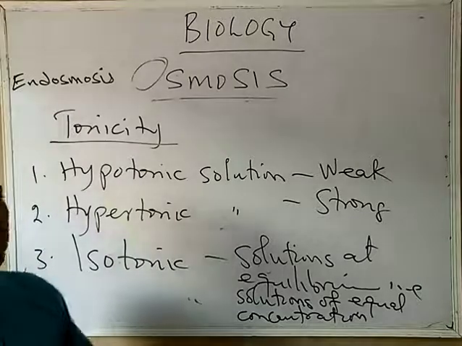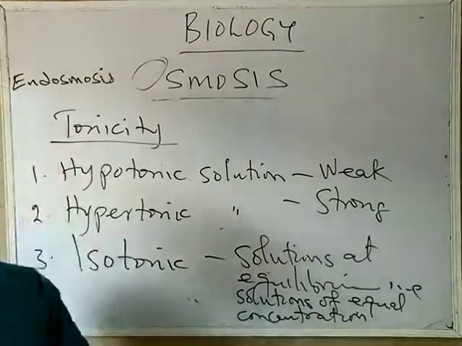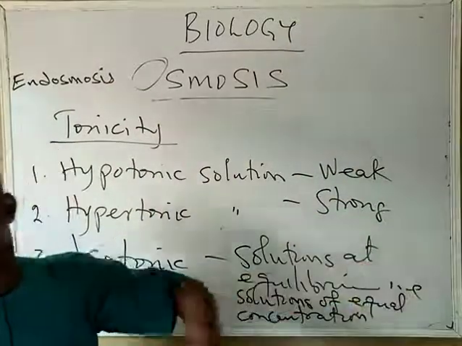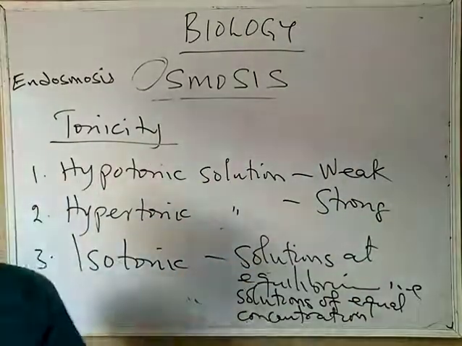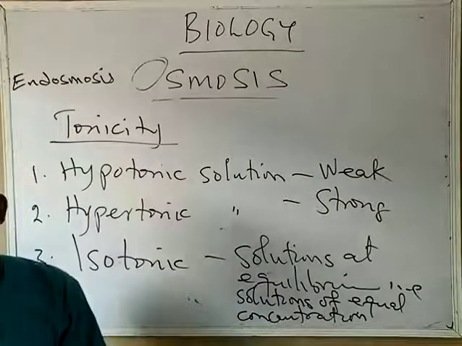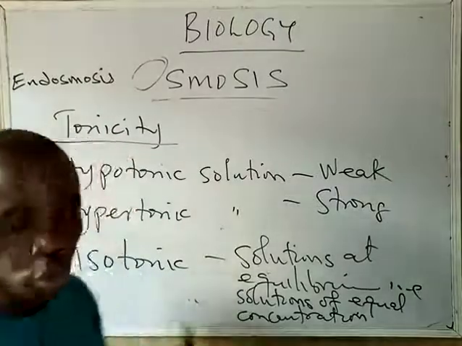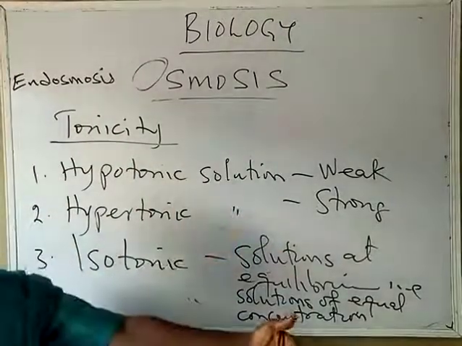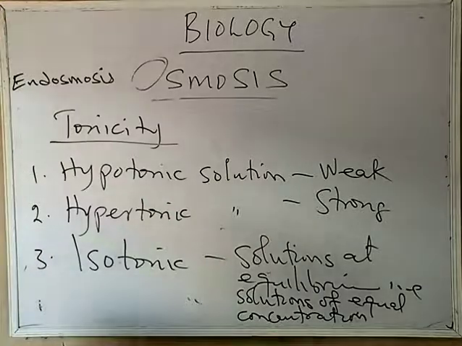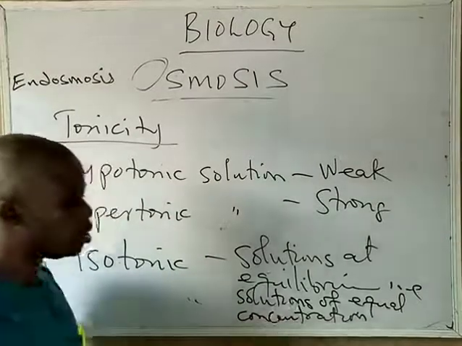Now, if a solution is strong, that solution is said to be hypertonic to another solution or another medium that is weak. If a solution is weak, that solution is said to be hypotonic to another solution on the other side of the membrane that could be a very strong solution.